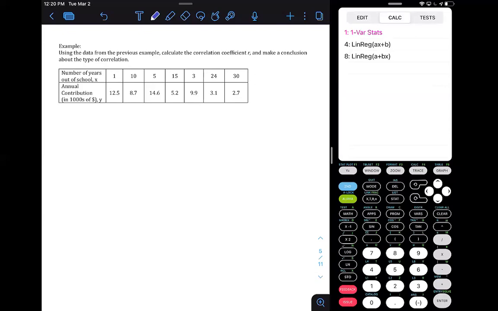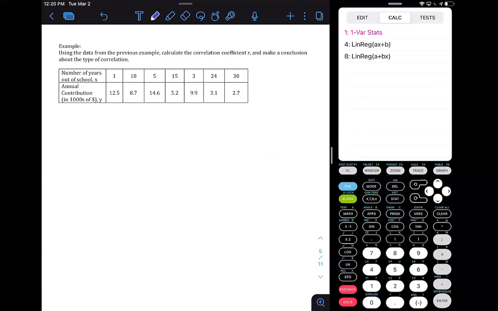Mine doesn't have it on this app. If you do number 2, it says X list L1, Y list L2, and just keep hitting enter, and then it will spit out everything for you.